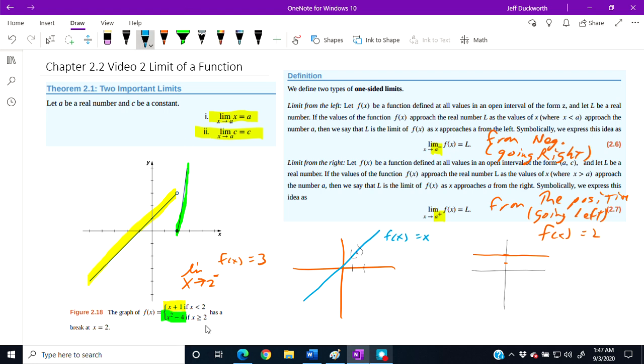So for this one, the limit as x approaches 2 from the positive side of our function equals 0. Now we don't have an actual limit here for the entire function because those two numbers are different. We're not getting closer and closer to one value as we get closer. So the function has no limit, but they do have limits from both the positive and negative sides.